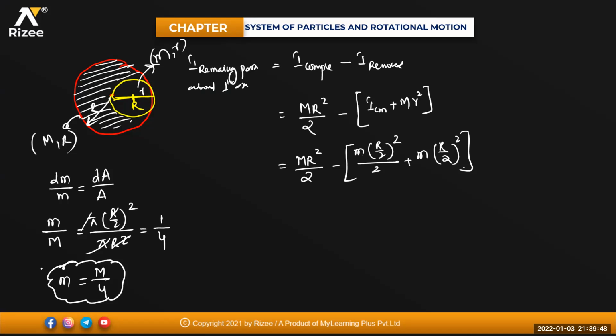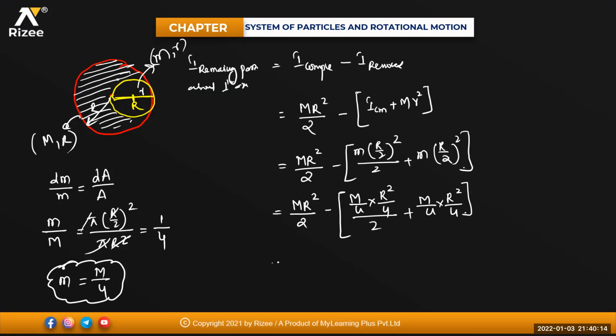Isn't it? Is it clear? Chalo, now simplify that one. That's it. Nothing else is there. Small m value we got right now. This one is capital M into R square divided by 2 minus, small m is nothing but M by 4, into R square divided by 4 divided by 2, plus capital M divided by 4 into R square divided by 4.